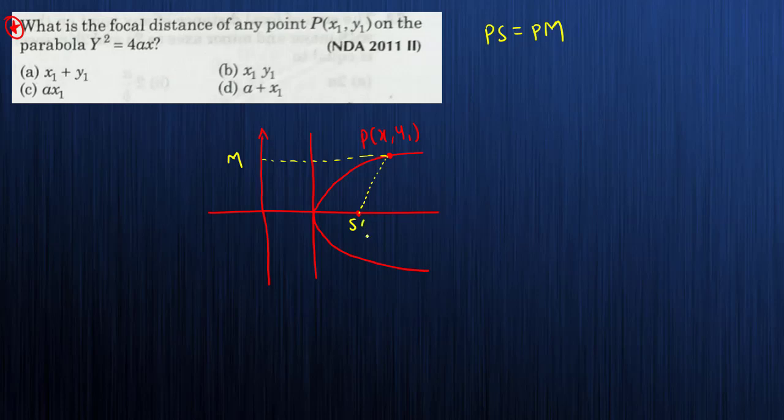Then what will be the coordinate of this point S? It is a comma 0. Suppose this is a point Z, and this is the vertex A. So if this distance is a, then can I say this distance is also a? By definition, yes, this distance is also a.